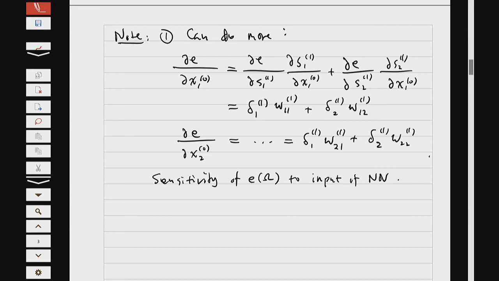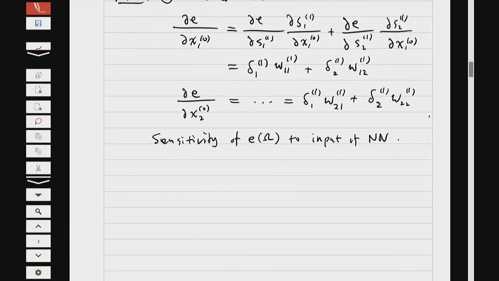Therefore, by checking this, you will see whether your neural network is designed well. A well-designed neural network should not be too sensitive to the input. So let's say if it is sensitive to noise, then you have what we call overfitting.